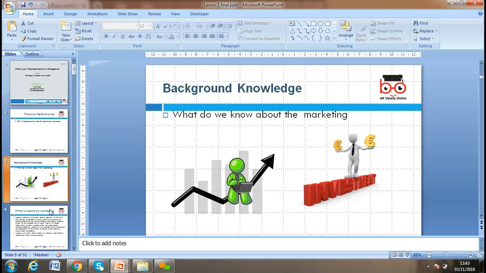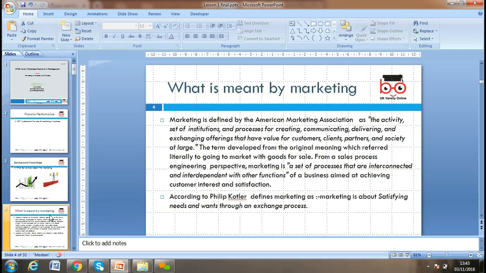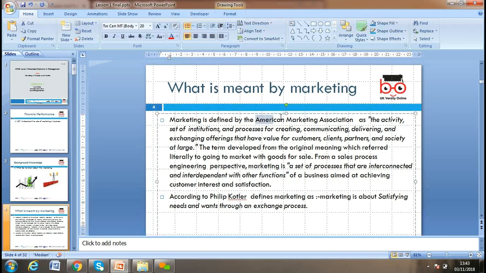Marketing means satisfying consumer needs and wants in the short run. Different authors and different awarding bodies gave different definitions. The AMA is a quite popular chartered institute throughout the world.